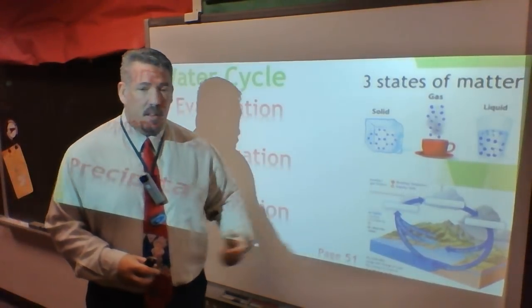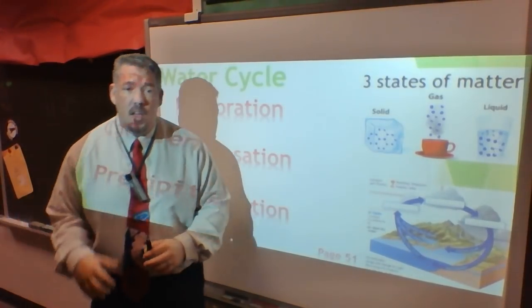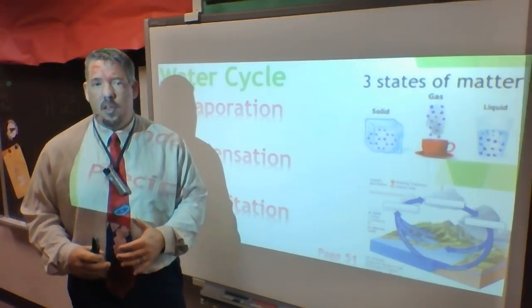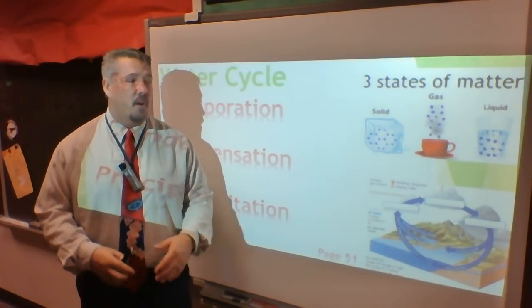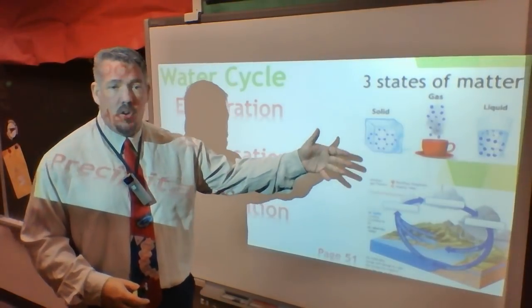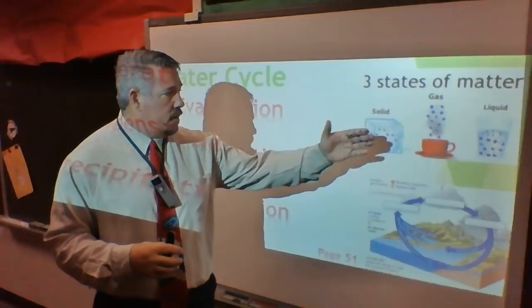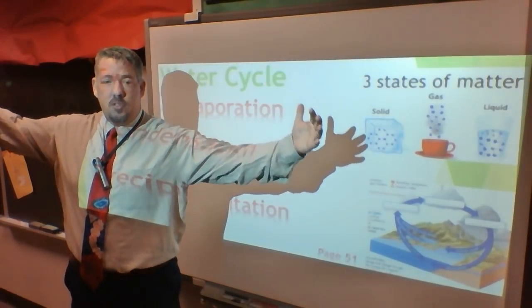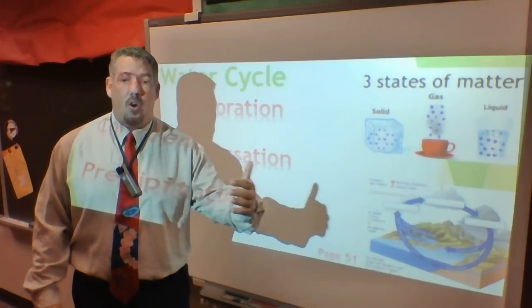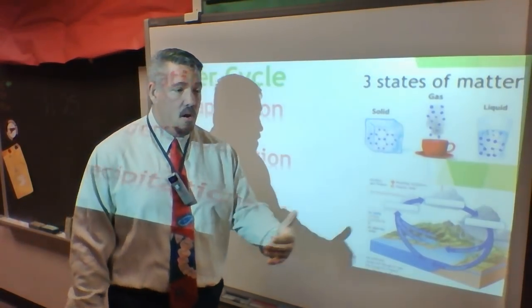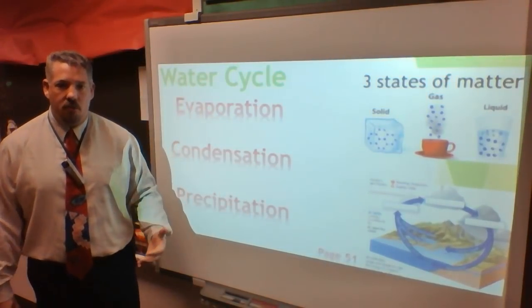So when we have solid, it's when our molecules are packed tight together, like this desk here. It's nice and hard. It's a solid form. It's not real wavy. If I push on it, it's not going to collapse and bend and things. So solids, we know, are hard with molecules all pushed together. Gases is where the molecules are loose and free. You have gases all around you, and I don't get hurt and bump into things as I'm walking across the classroom because they just flow freely around me.